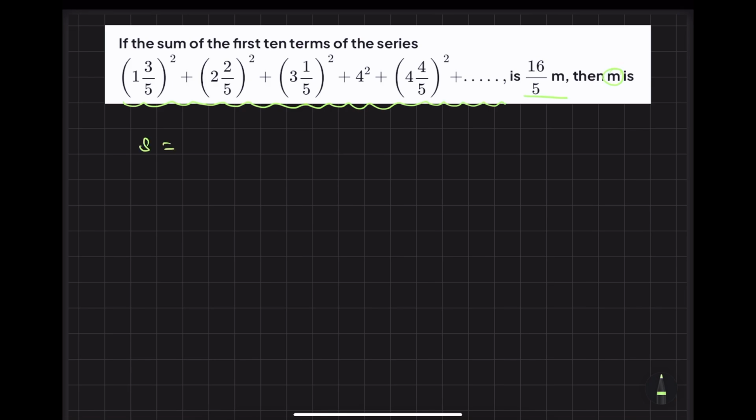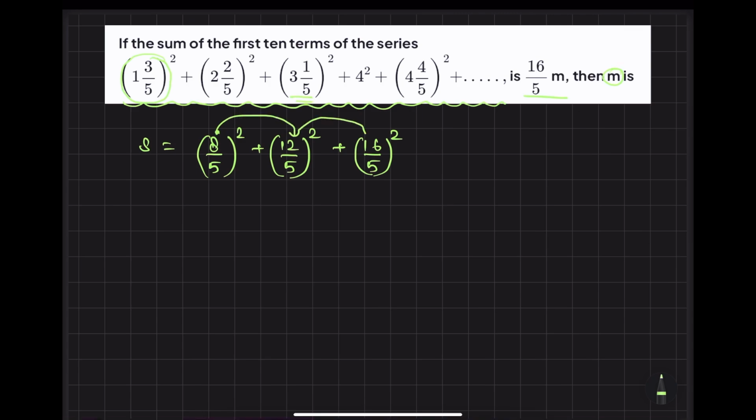So, we have S equals, first we will write this part in simpler form, that is 8 by 5 square, 12 by 5 square, 16 by 5 square. If you observe, 8 plus 4 is 12, plus 4 is 16, plus 4 should be 20 by 5 square. And 20 by 5 is nothing but 4.